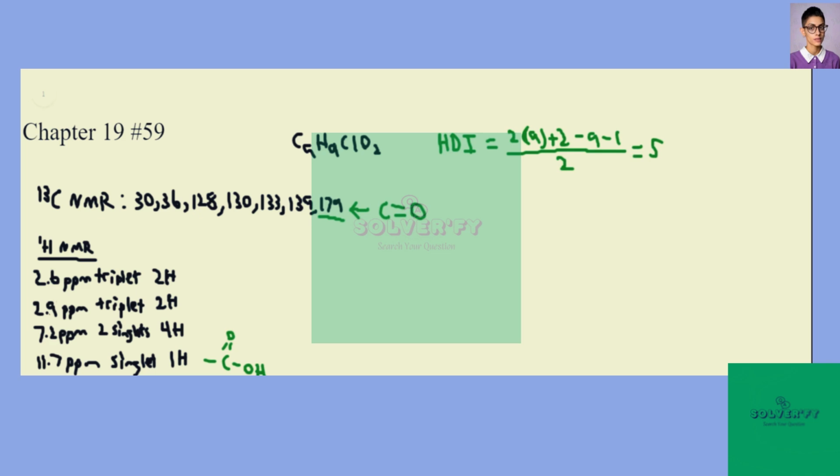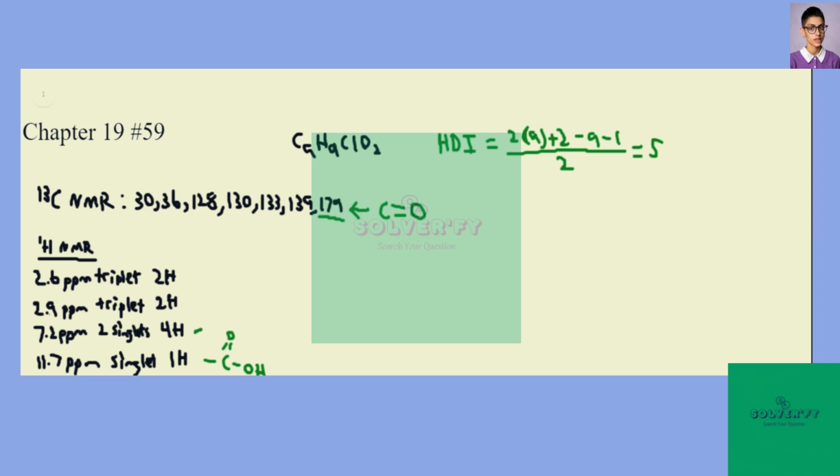And so I'm actually going to work up here. So the signal immediately above that one at 7.2 ppm is 2 singlets, and it integrates to 4. And so this is in the aromatic proton range, so right around 7.